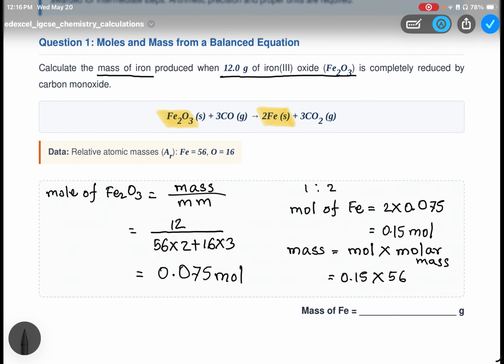We multiply by 56 and the value that we get is 8.4 gram. So the answer is 8.4 gram. And this is one of the simplest ways that we can deal with calculations where there is mass and moles involved, as well as the equation. Are we clear?